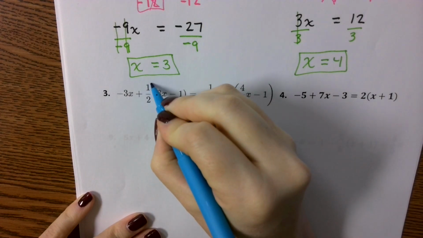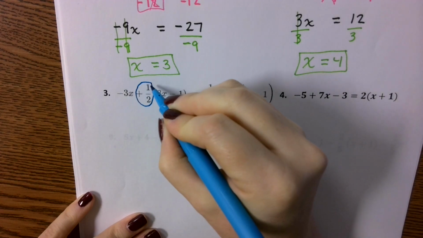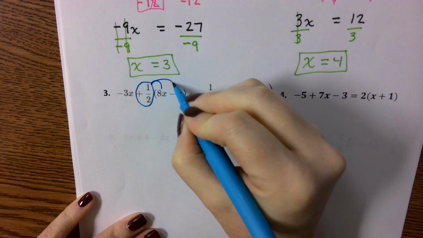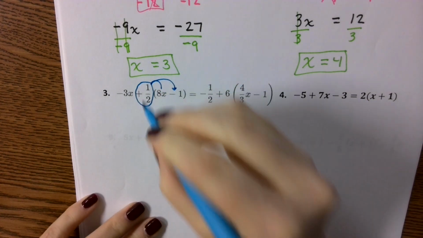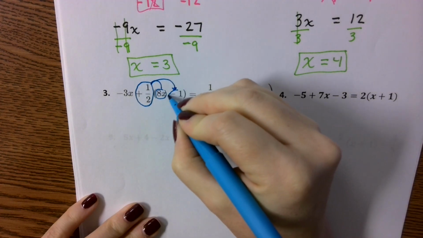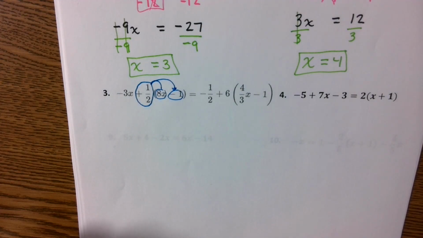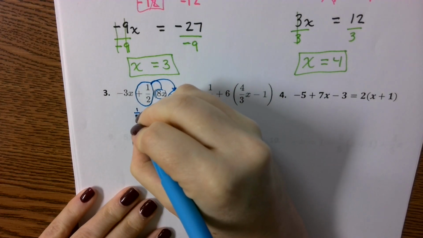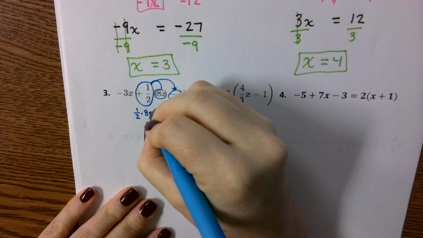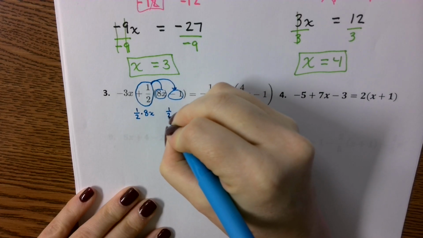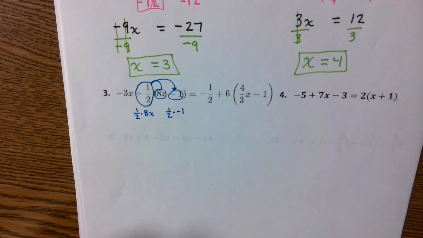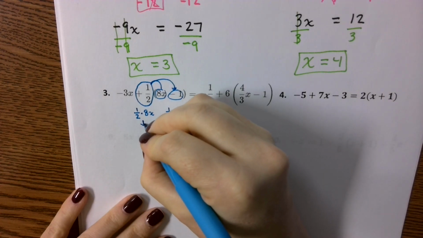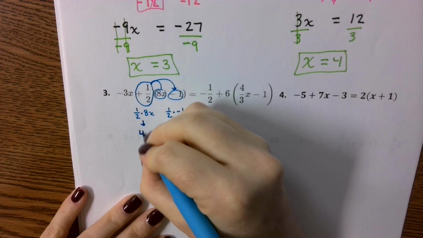We are distributing a positive half to this 8x and to this negative 1. So I'm going to do a half times 8x and a half times negative 1. When we multiply a half times 8x, that becomes a 4x.